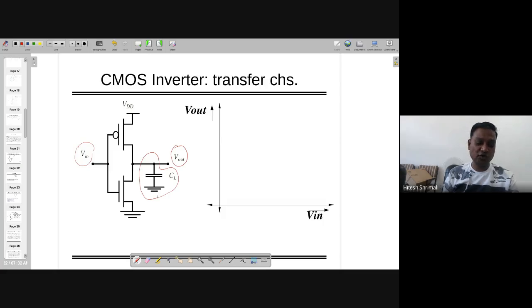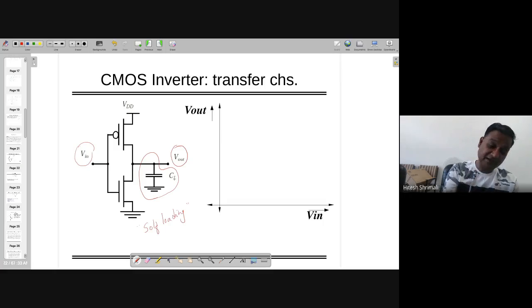If no load capacitance is given, there is a condition called self-loading. Self-loading means the capacitance offered by these transistors. We will talk about that later, but these will have overlap capacitance, and those will act as load here. Loading will be considered, and that might be CL.